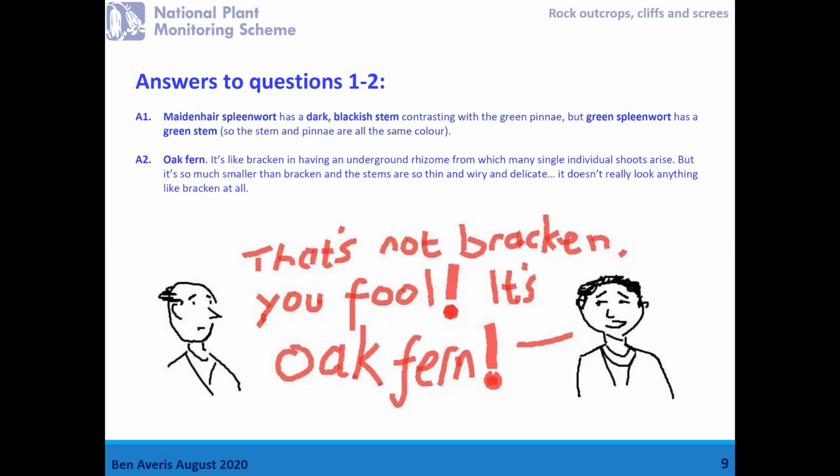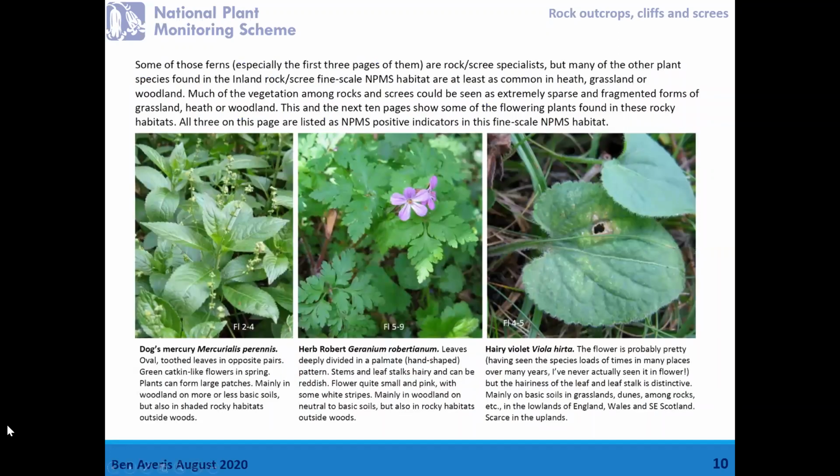Okay, so if we go on to the next slide, moving away from the ferns, we can look at some other things, some herbs, and there'll be some grasses as well in a bit. These are species that grow quite commonly in at least some of the inland rock and scree habitats, as well as in other habitats.